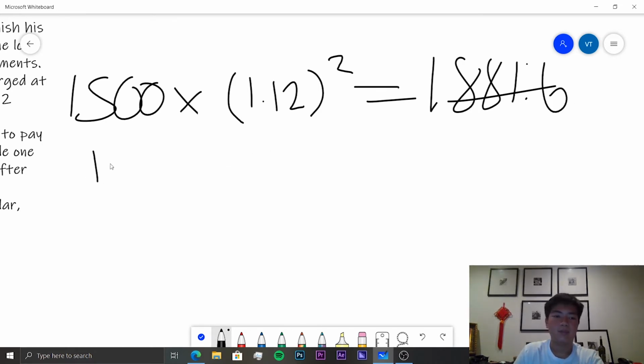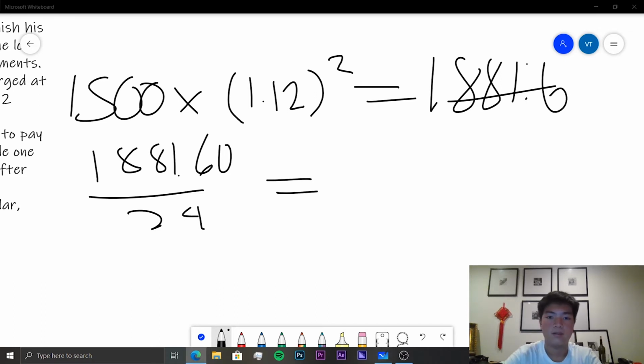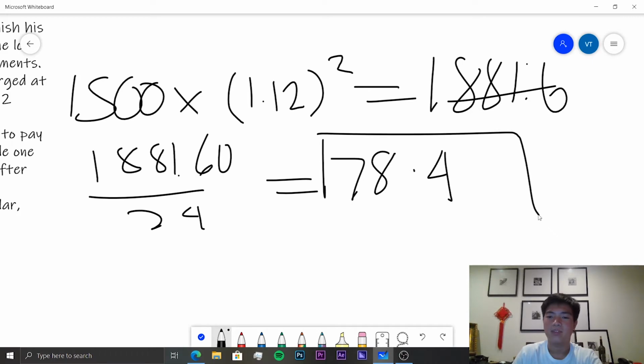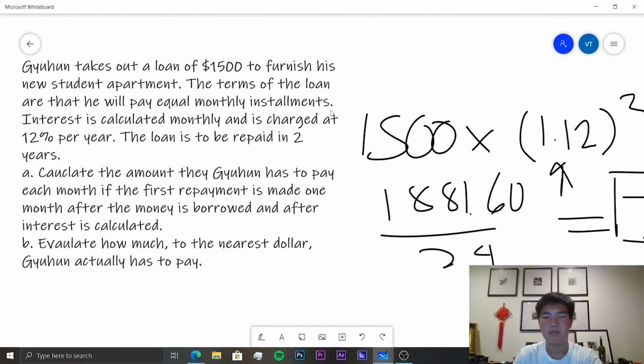And if we split this per month, dividing by 24, we finally get the correct answer, which is 78.4. So it's a weird method: compound interest per year, split into equal monthly installments. It's just a very weird question.